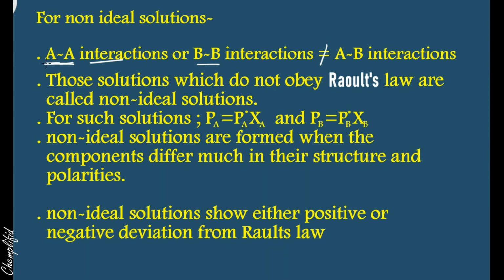So in our first case, the force of attraction between AA and the force of attraction between BB is not equal to the force of attraction between AB, that is in our solution. AB means solution. We have already mixed the two components. In ideal solution, all these three interactions were equal. But in non-ideal solution, these three are not equal.